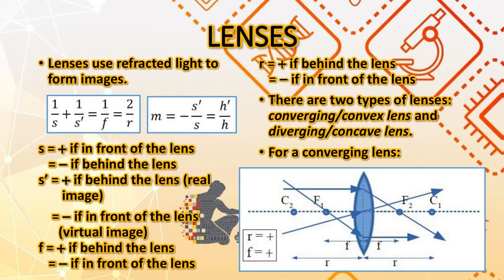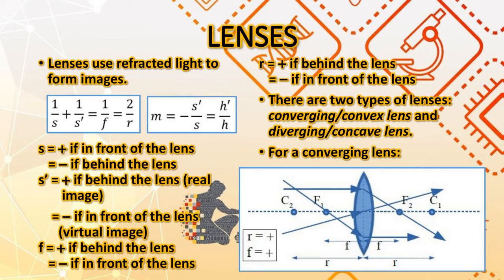So s prime is positive if the image is behind the lens, and negative if the image is formed in front of the lens, and the image is called the virtual image. So s prime positive, you have real image. S prime negative, you have virtual image.